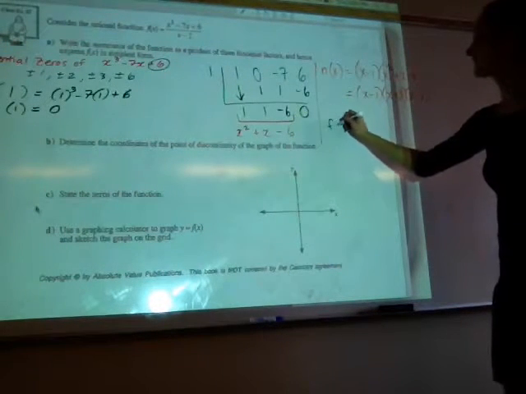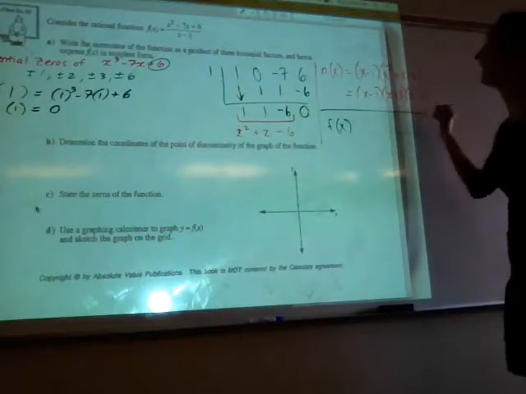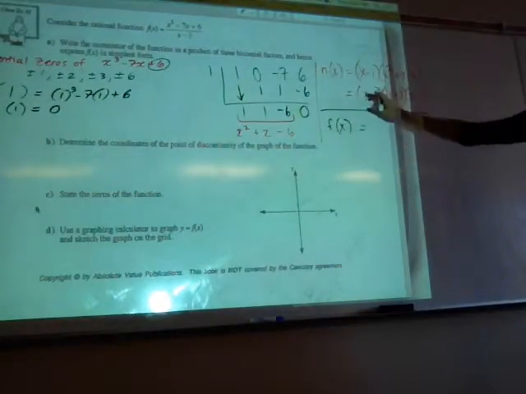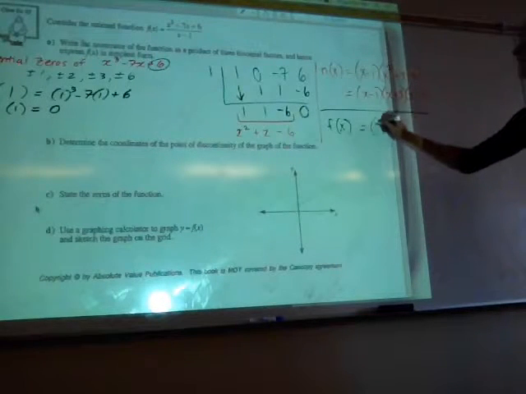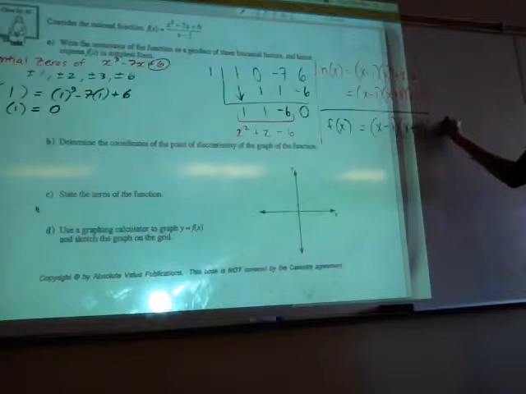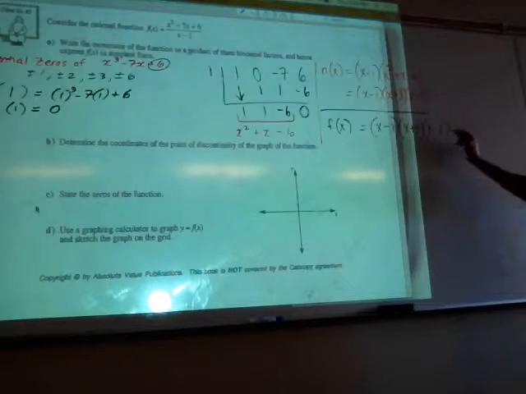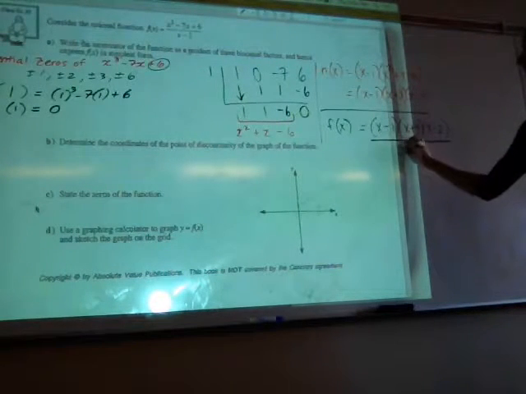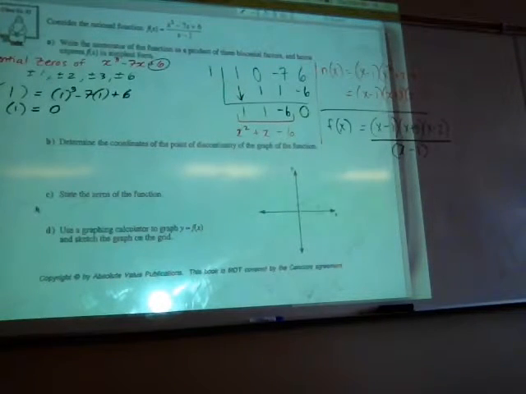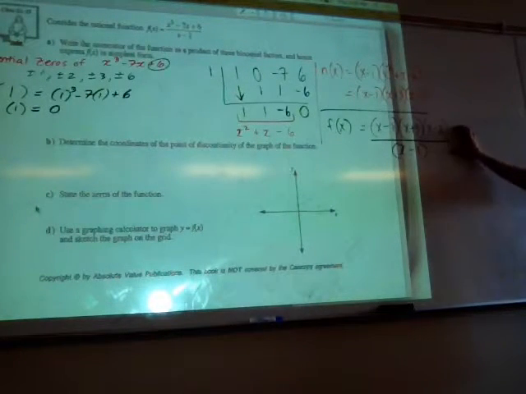So f of x, if we look at the entire function that we started with, will be the 3 binomial factors, x minus 1 times x plus 3 times x minus 2, all over x minus 1. This is the rational function that's fully factored now.